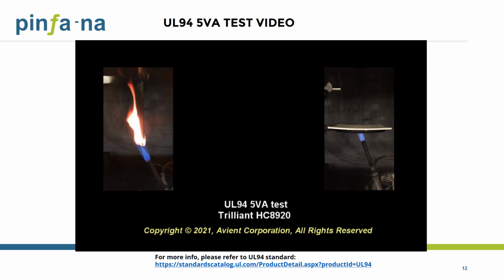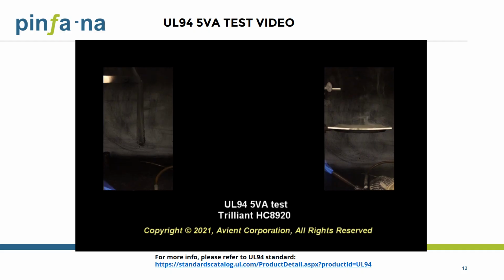Number 4. In this video, after the 5th flame application, the vertical flame bar quickly extinguished, and the plaque sample didn't develop a burn through either. So after the same result is achieved out of the 5 repeats of each sample geometry, the sample is rated as 5VA.